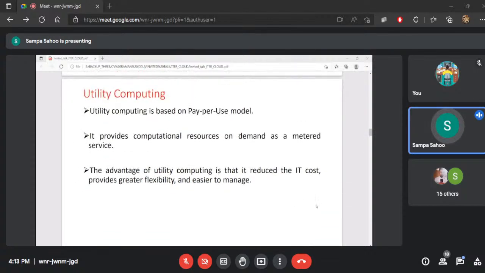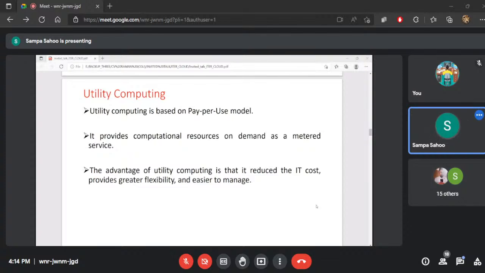The next technology that is being used is utility computing. This computing can be better understood with an example like an electricity bill. At the bill generation date at the end of the month, the electricity bill depends on the number of units consumed in that particular month.